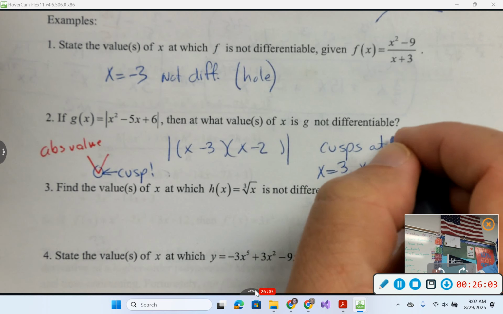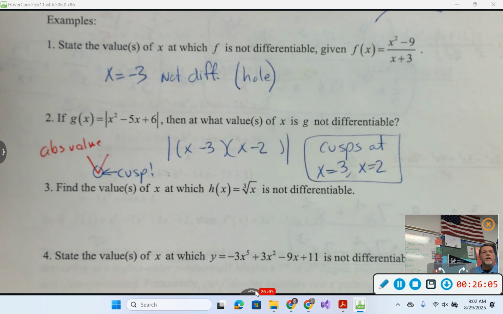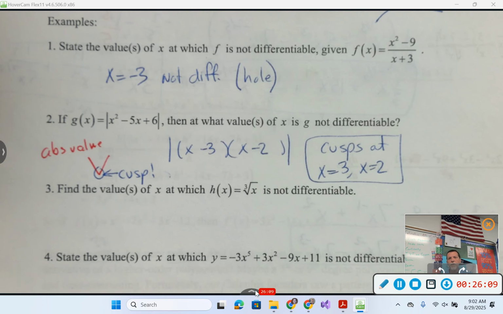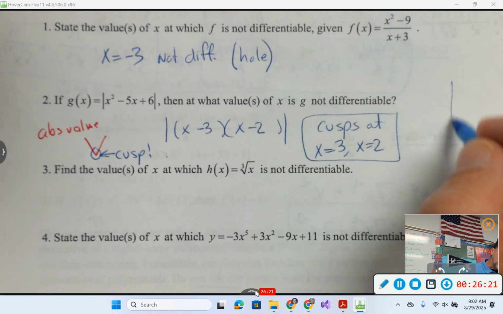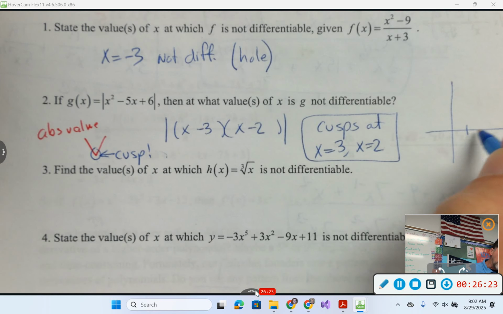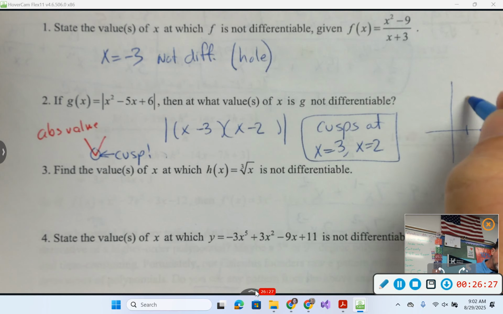Are these always true for the absolute value? Anything that makes the absolute value 0, that's not quite right. Almost anything that makes the absolute value 0 is going to be a cusp. This is more than we really want to worry about, but the 2 and the 3 are the zeros of this thing.